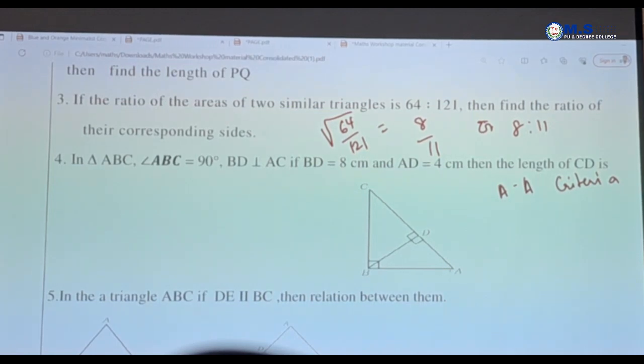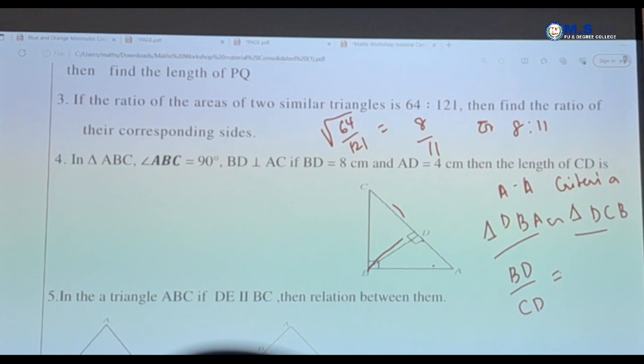Which two triangles are similar? Triangle DBA is similar to triangle DCB. Now write the corresponding sides. BD by CD, right? Height and base. Next, AD by BD.